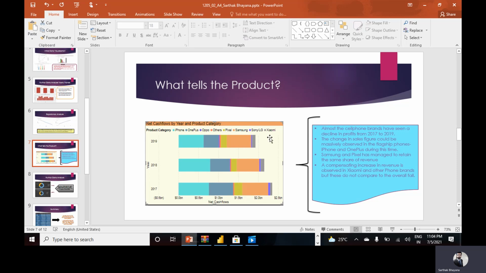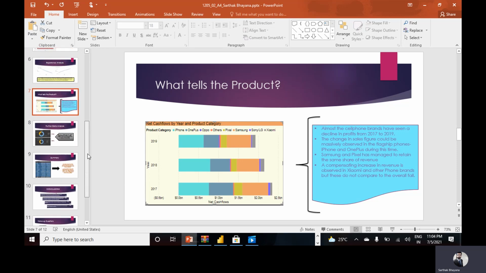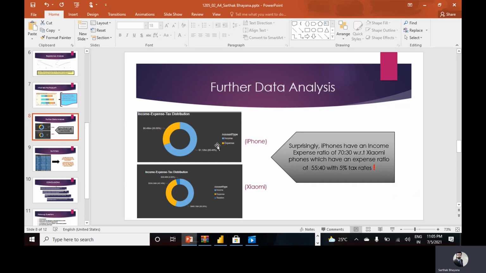Samsung has tried to retain its position while Xiaomi has gained revenue and the demand for Xiaomi has risen, but it does not compensate for the overall loss in the income levels.